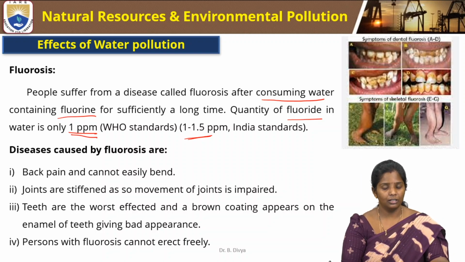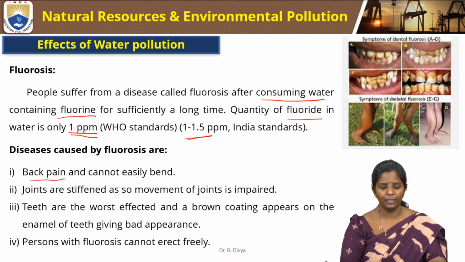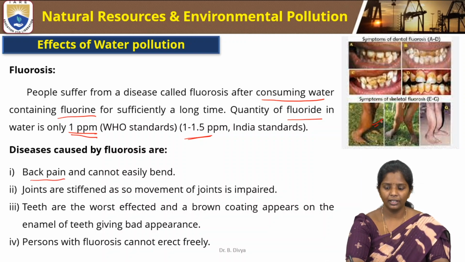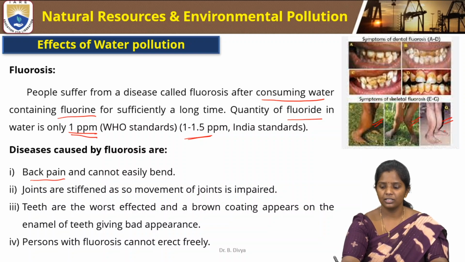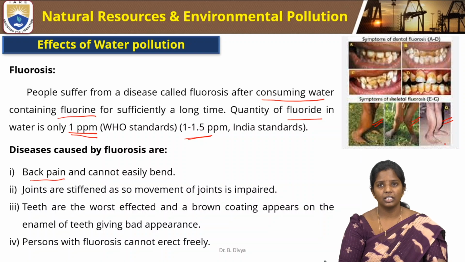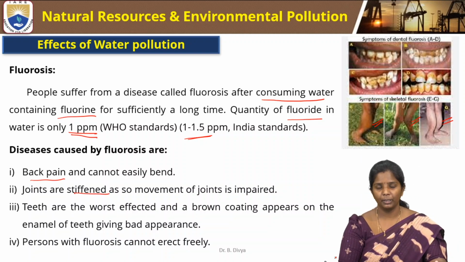And the high increased concentration of this fluoride in the body causes back pain. The first symptom is back pain, and we cannot really bend easily. The joints will be affected. If we see these pictures, we can see that the joints of these legs are affected and stiffened, so the movement will be impaired.